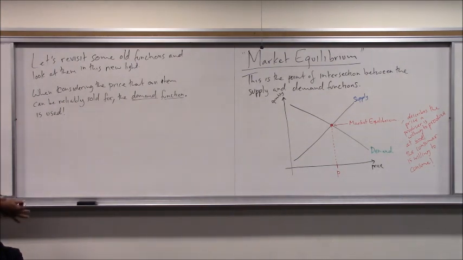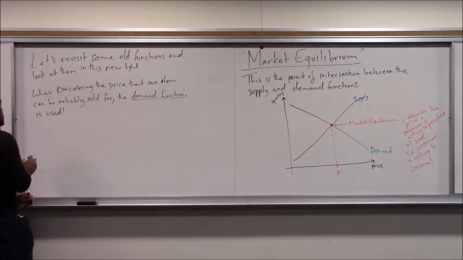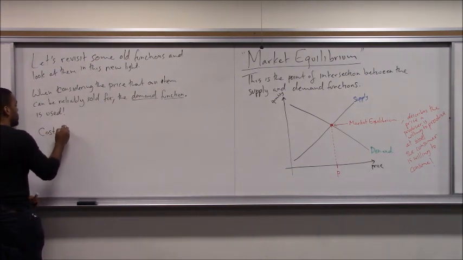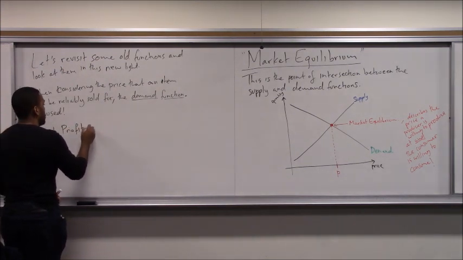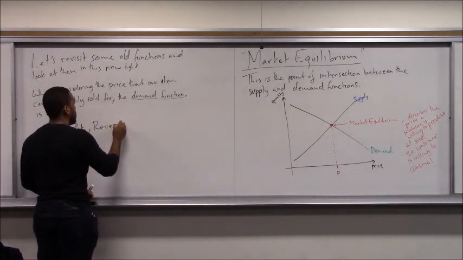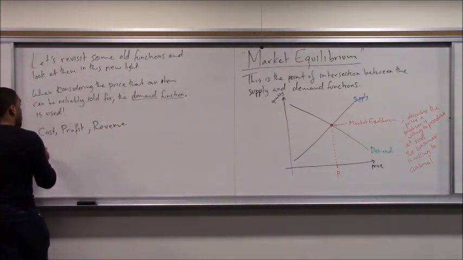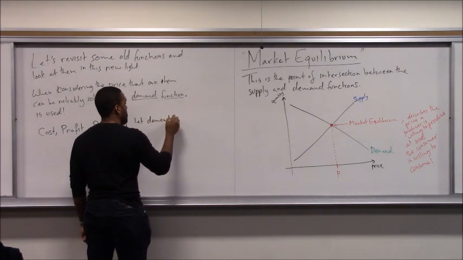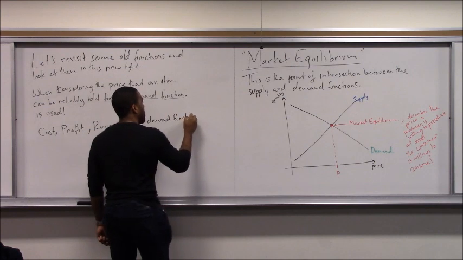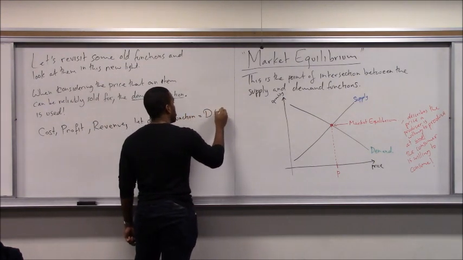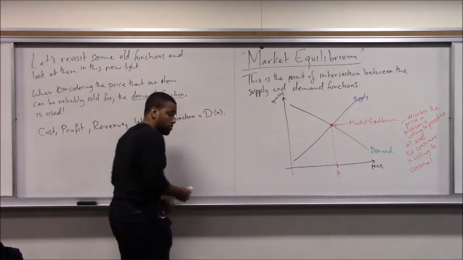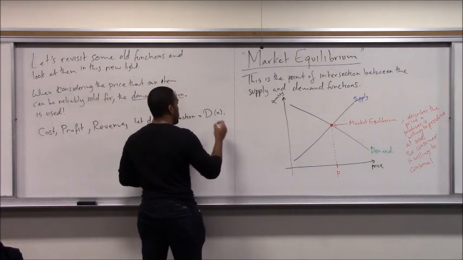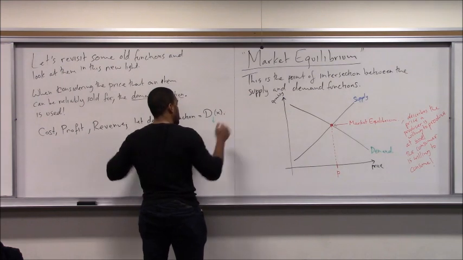Okay? So now, when we look at things like cost, profit, revenue, etc. And if we let the demand function equal d of x, where x is the number of items, you realize that a lot of these formulas have a section in the formula for price.